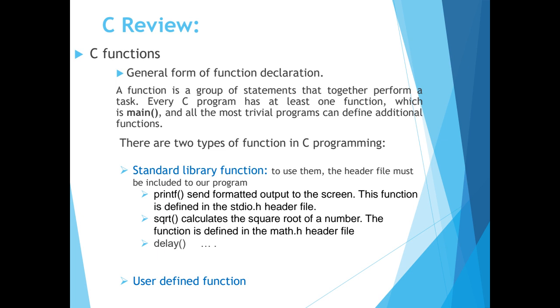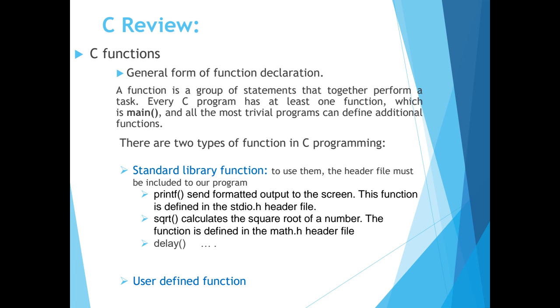A function actually is a group of statements that together perform a task, and every C program has at least one function, which is called the main function. If it only includes one function, then it is the main function. And most programs can define additional functions.